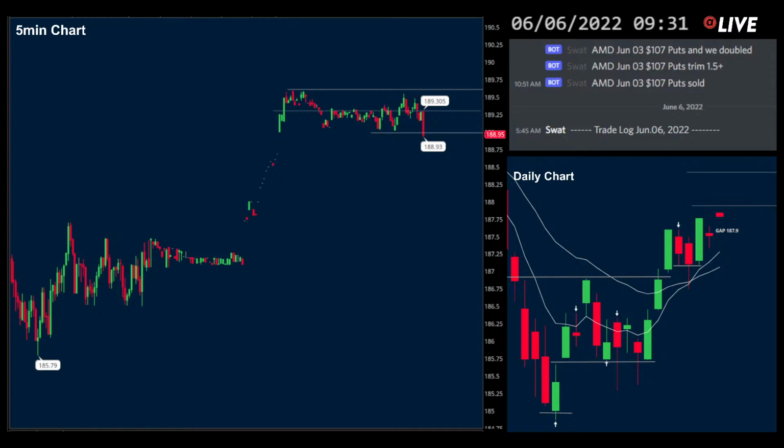IWM some fading. It has a gap to fill on IWM.